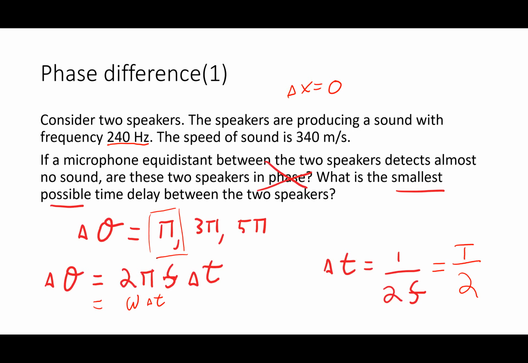In terms of time delay, I could figure this out in terms of the phase difference being omega times the time difference, which means that I'm looking for a time difference that's going to be half of a period. If one wave is emitted half a period later, then it's going to arrive with the trough when the other wave is producing a crest.